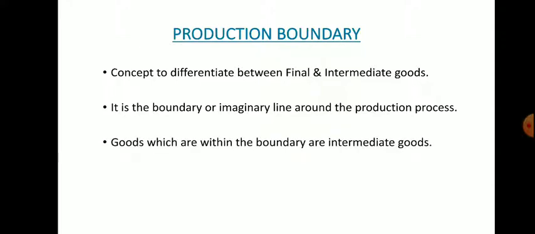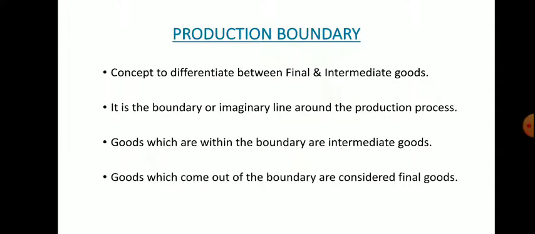That means goods which are within the boundary are called intermediate goods, and goods which come out of that boundary are considered final goods. In this way we can differentiate between intermediate and final goods with the help of the production boundary. Now, let me clear this with the help of a diagram.